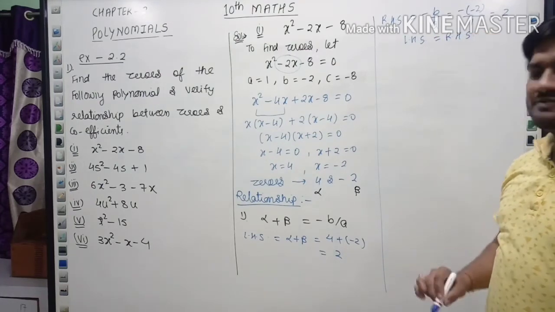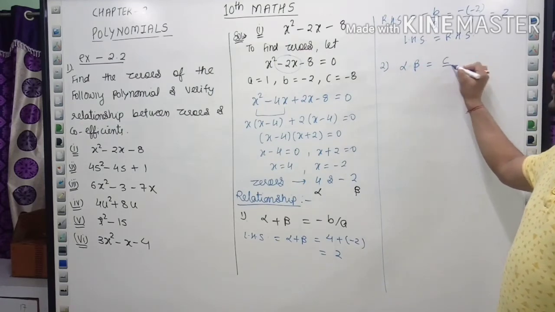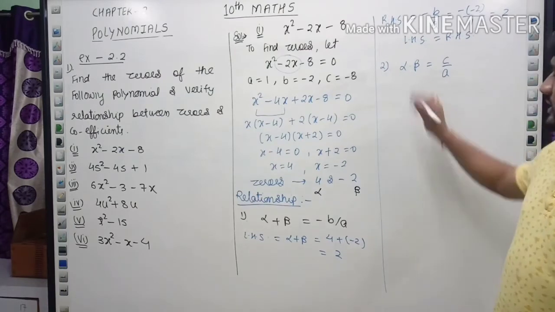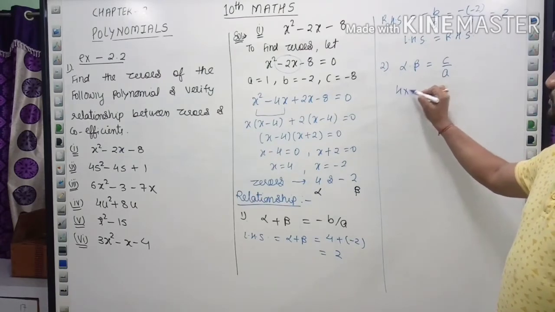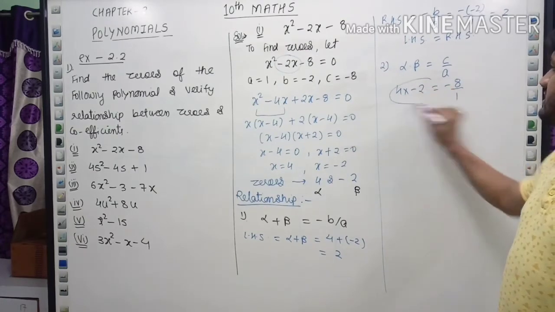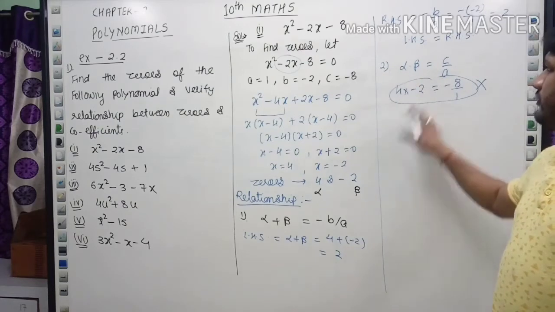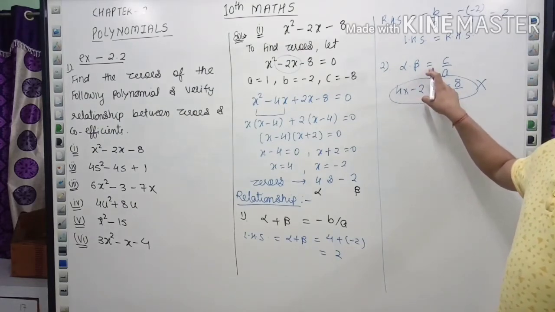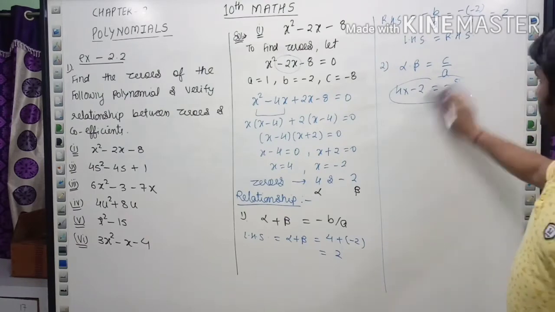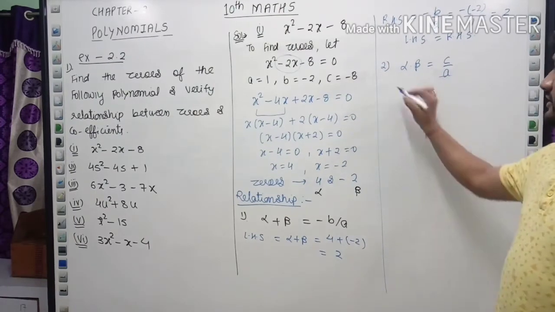The second relationship that we have is alpha into beta equal to c upon a. What do students generally do? They put the values of alpha, beta, c, a. This procedure will be considered wrong, because whatever you are proving, you have to prove it equal, and here you are already taking it equal. So, as I have told, take LHS and RHS separately.